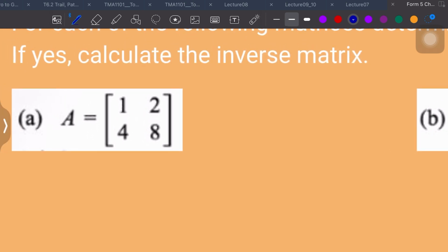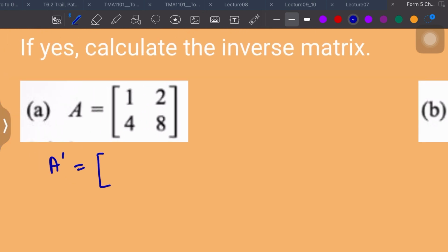So the inverse matrix for question A. This one is A, B, C, and D. So the answer here will be 8, negative 2, negative 4, 1.